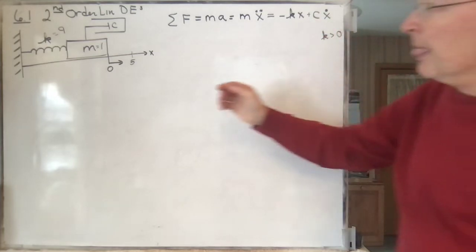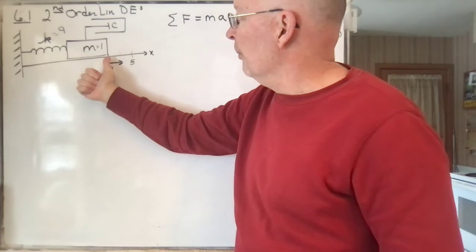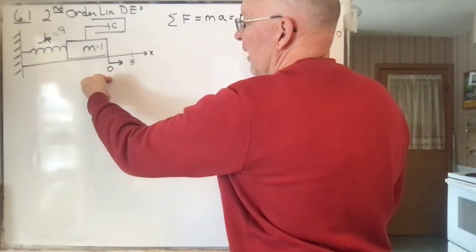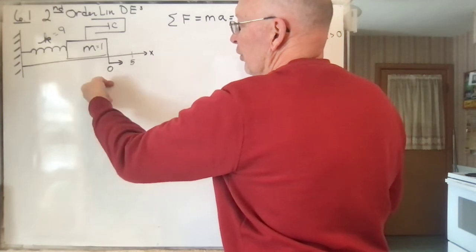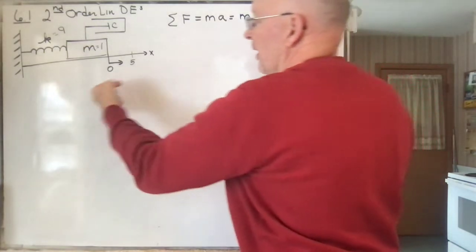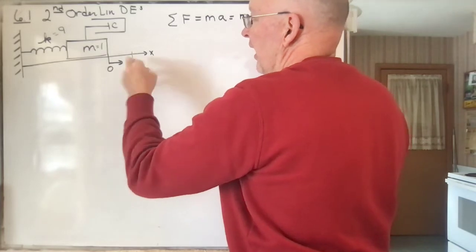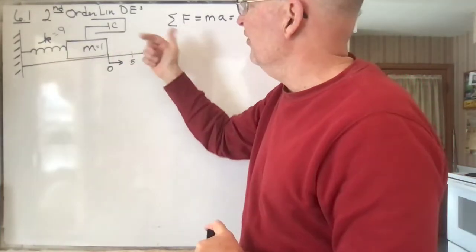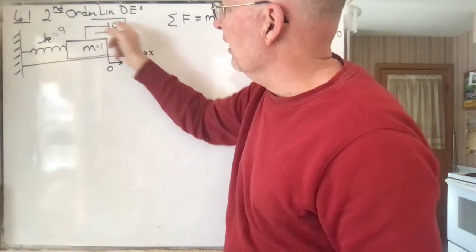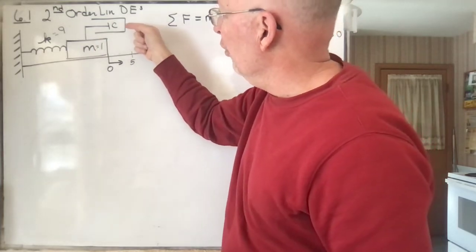Let's figure it out. If x prime is positive, we're moving to the right. If the derivative, the velocity, is positive, that means the function is increasing. And let's think about it. If it's increasing, it's pushing through the fluid, so the fluid is going to be pushing back on it. So if it's moving positive, then the force is going to be negative.